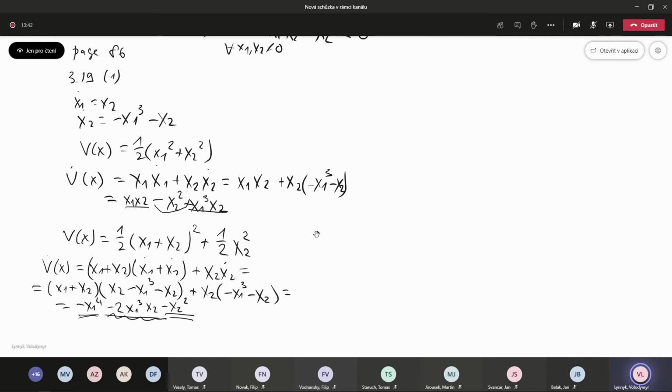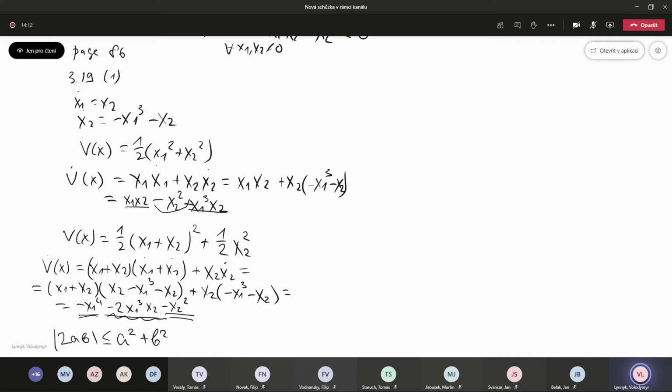We can show that the middle term is smaller than the others, and that the derivative of the function V is non-positive, and we can use the fact that 2ab is less or equal to a squared plus b squared. I think you know this inequality.